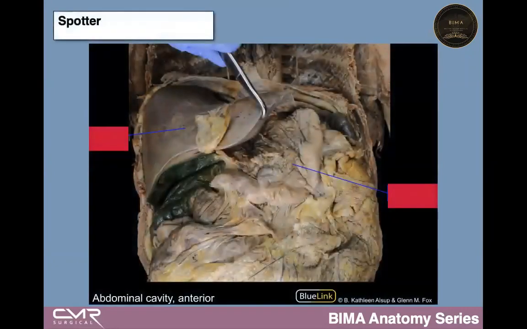All right, so the first spot of the day. This is quite easy, but I'm going to try and catch you guys out a little bit somewhere. So can everyone please write in the chat box what you think this landmark is here on the left side? Should be quite easy.